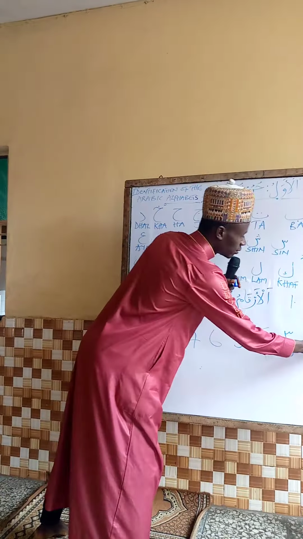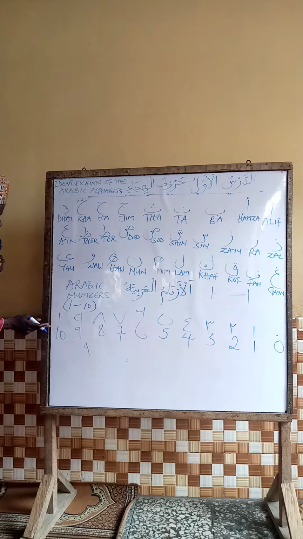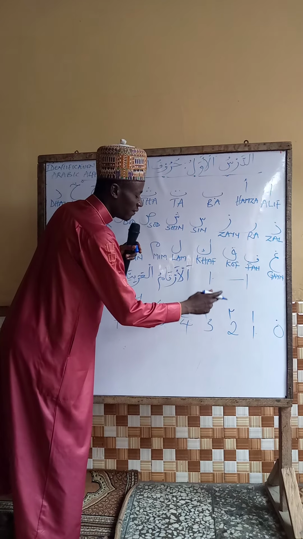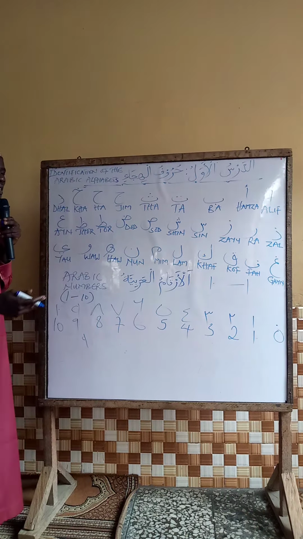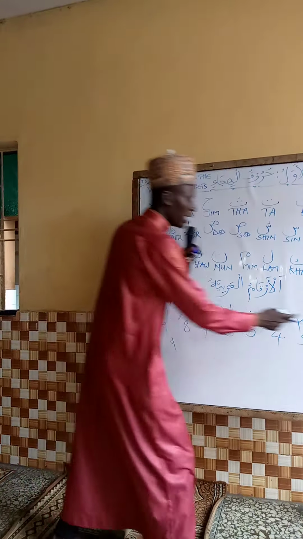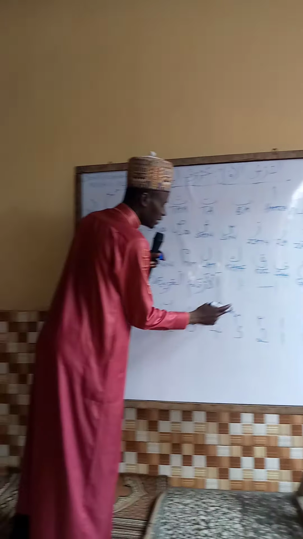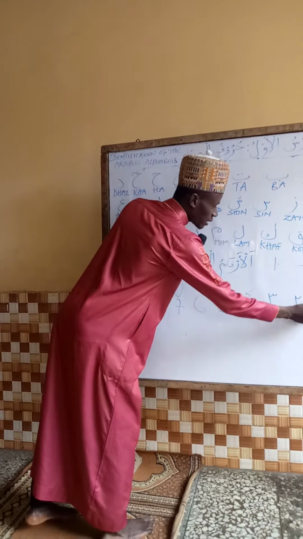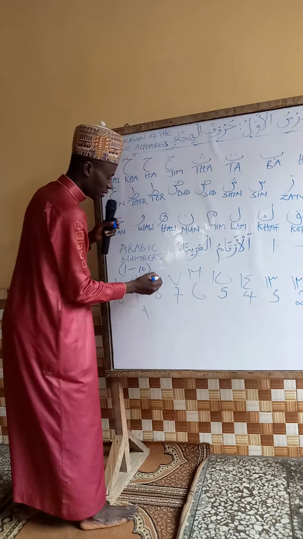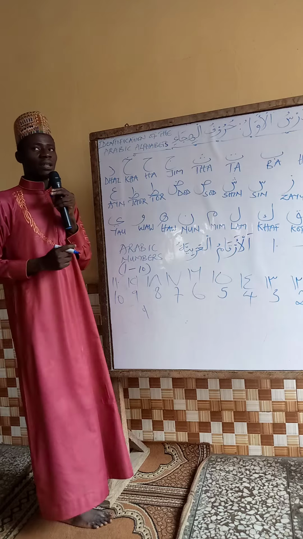We just bring this 1 and add it with 0, it is 10. 1 and 1 is 11, 1 and 2 is 12, 1 and 3 is 13, 1 and 4 is 14, 1 and 5 is 15, 1 and 6 is 16, 1 and 7 is 17, 1 and 8 is 18, 1 and 9 is 19, and 2, 0 is 20. So this is where we are to stop today.